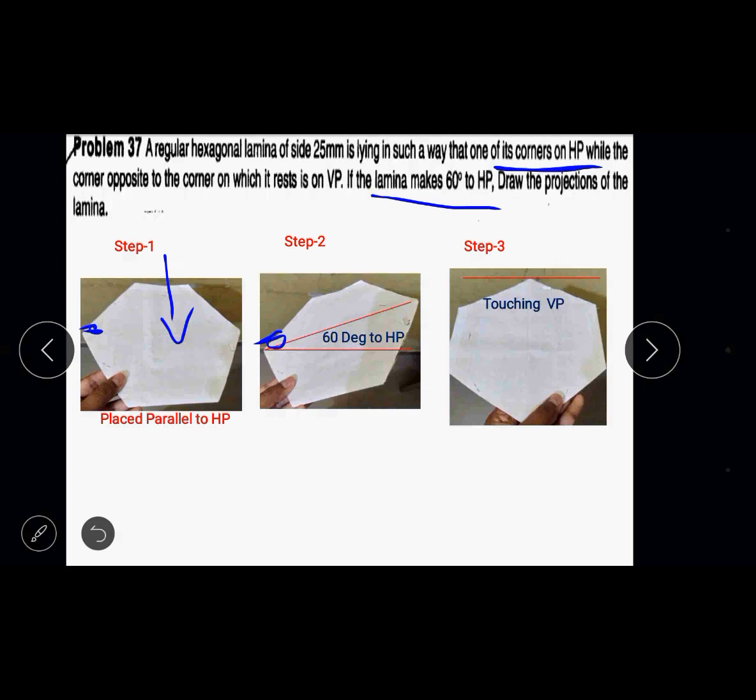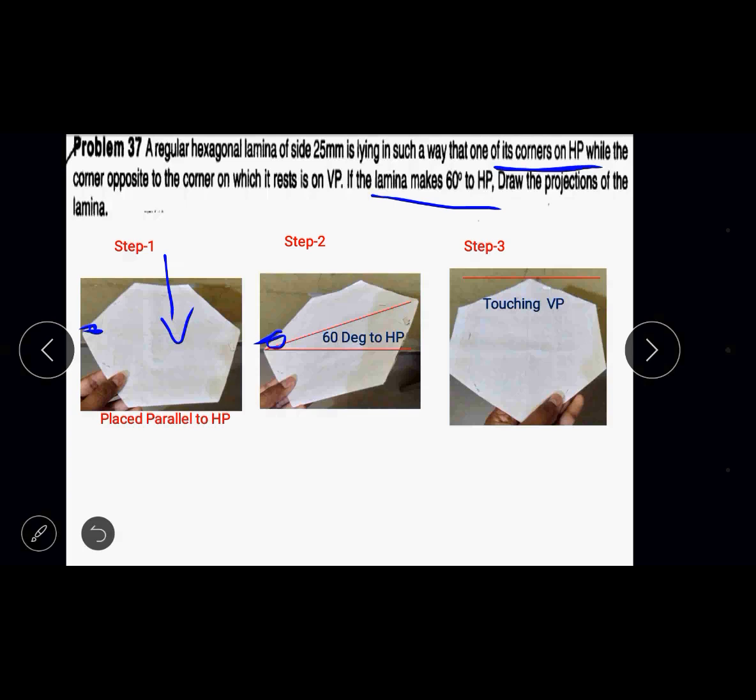Hold the left corner of the lamina in your hand and then tilt the hexagonal lamina from the right side, from 0 degrees to 60 degrees in the anti-clockwise direction. So the step here is the inclined lamina.